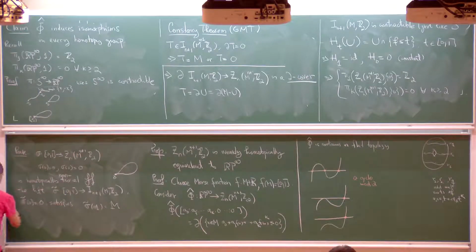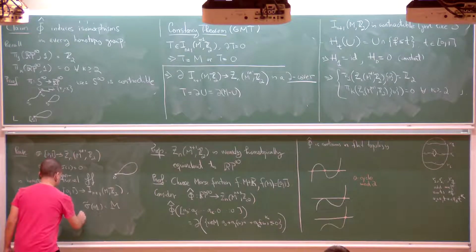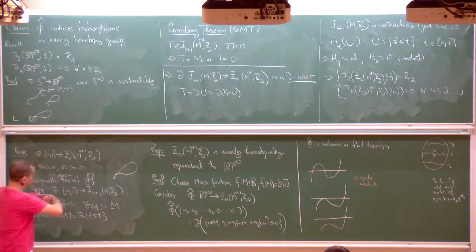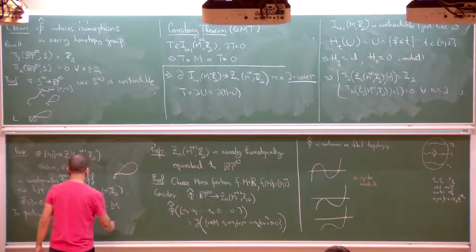So in particular, my example yesterday, if I take sigma of t to be the boundary of the set of points where f is less than or equal to t, so just looking at the level sets of my Morse function, this guy is homotopically non-trivial.